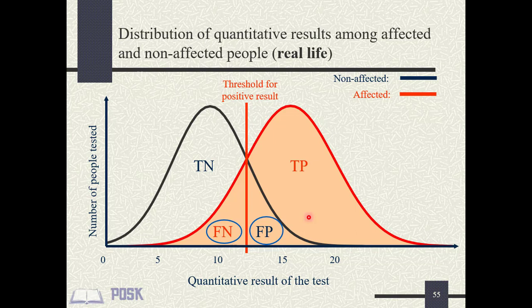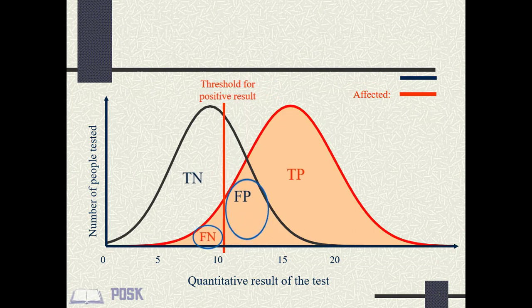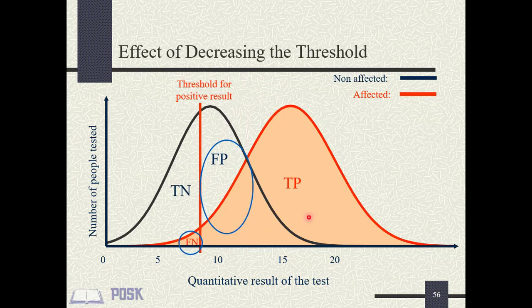The position of the threshold is therefore very important, as this will determine the relative proportion of false negatives, false positives, and true positives. Let's see what will happen if we decide to lower the threshold by shifting the threshold to the left.